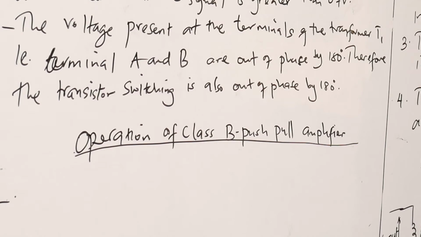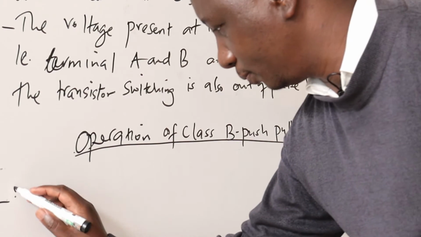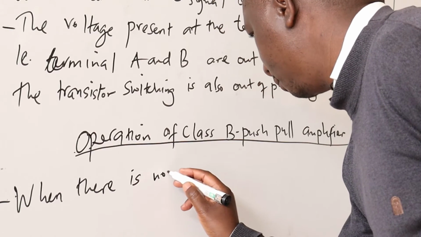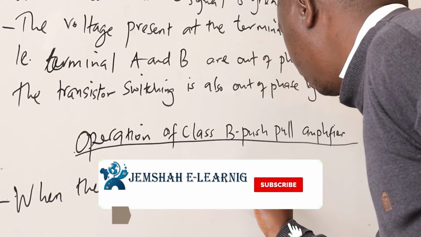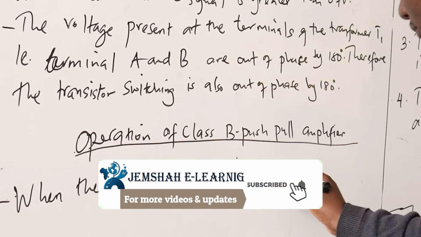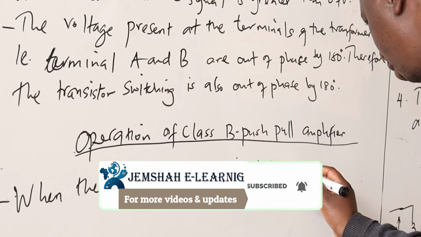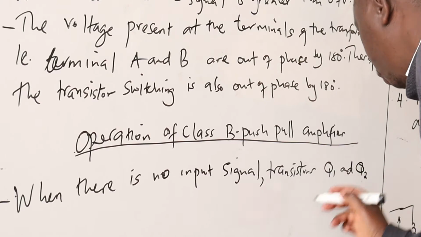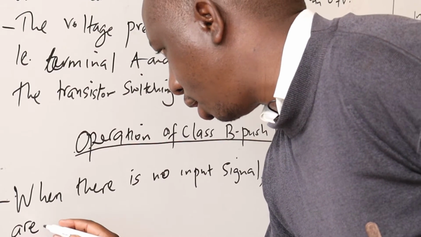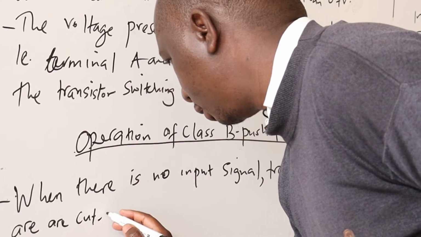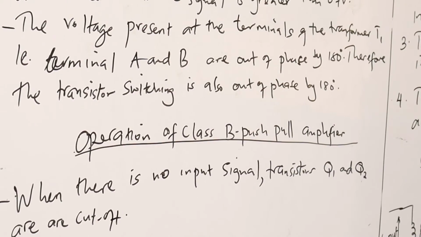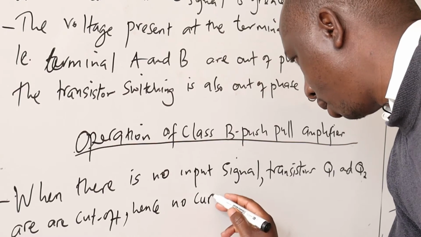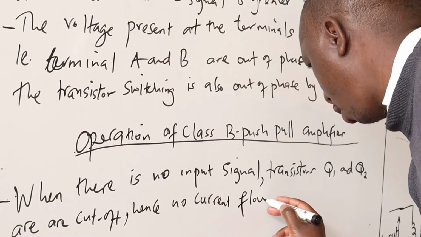So the first point is that when there is no input signal, transistors Q1 and Q2 are at cutoff. Hence, no current flows.